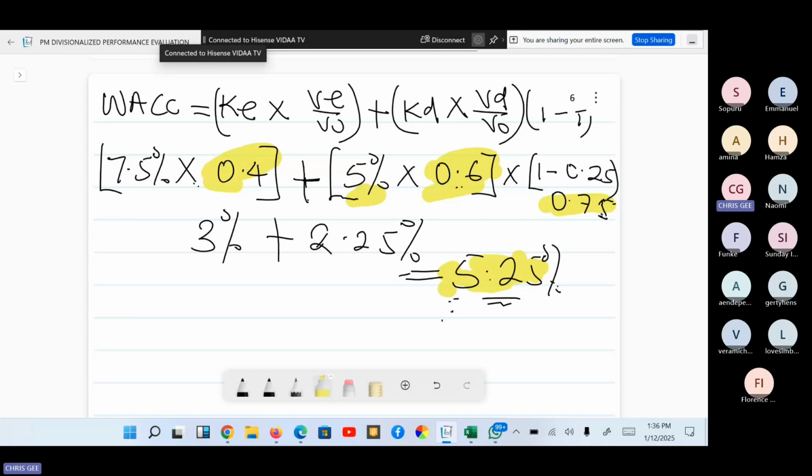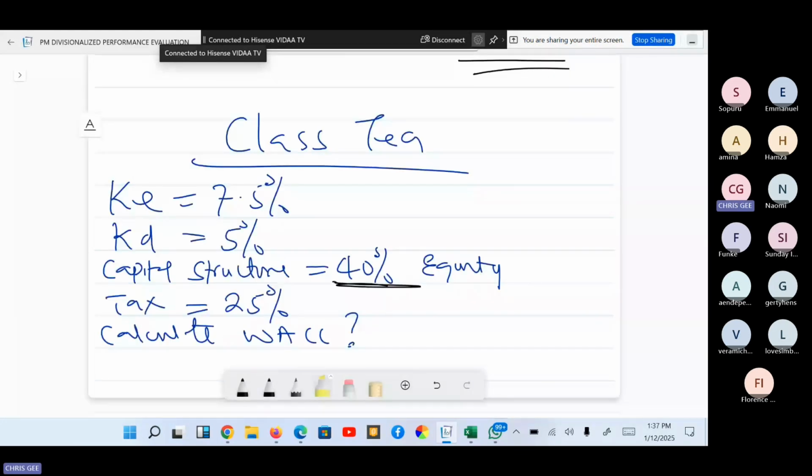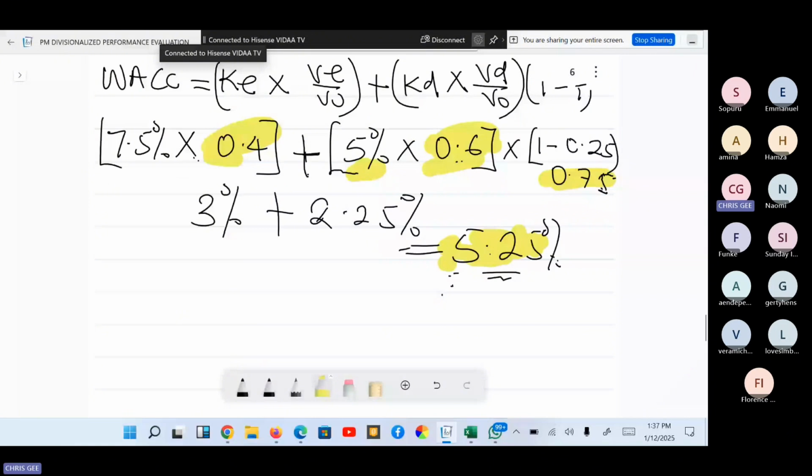The cost of equity, 7.5%, times this capital structure, 40%. You changed this because you converted this to decimal. Yes, I explained why I did that.